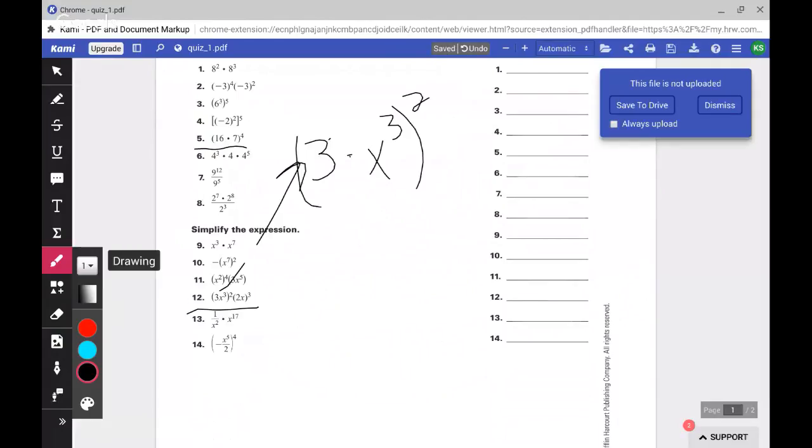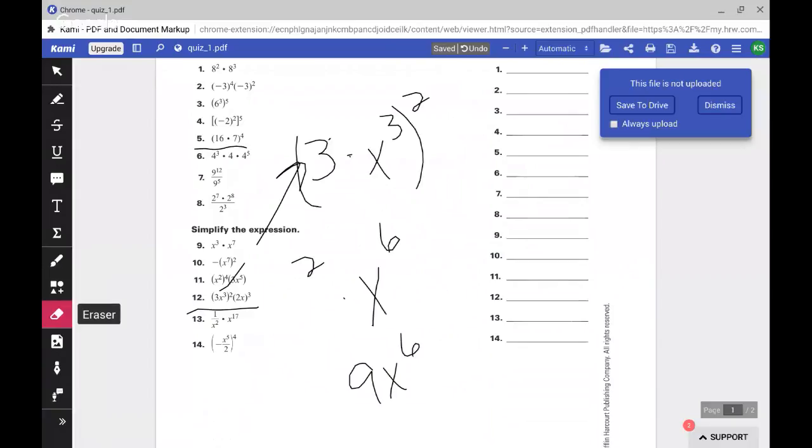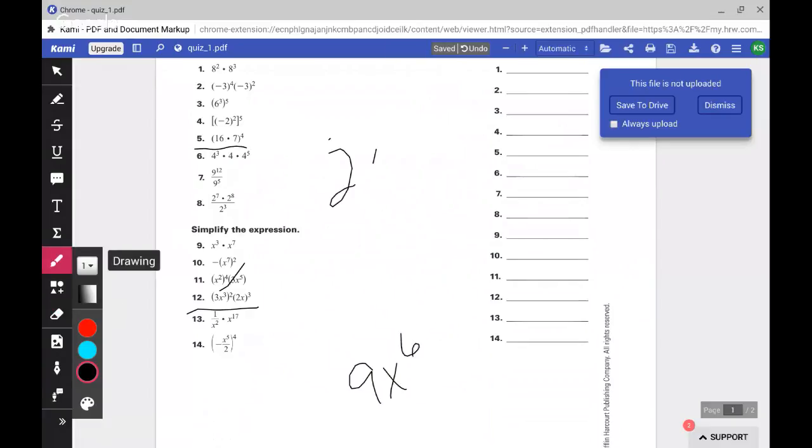So what you're doing is you're raising 3 squared times, and then a power raised to a power is x to the 6th. So you've got 9x to the 6th for that first section. And then the second part of that problem, you've got 2x all cubed.